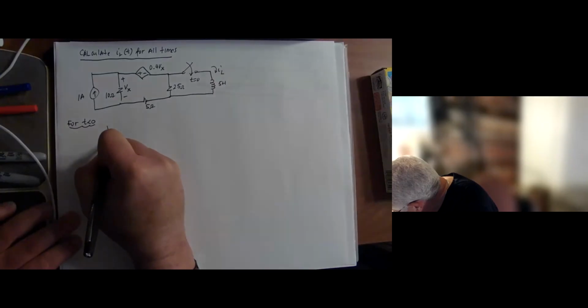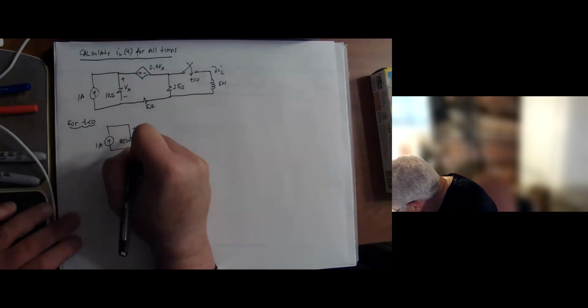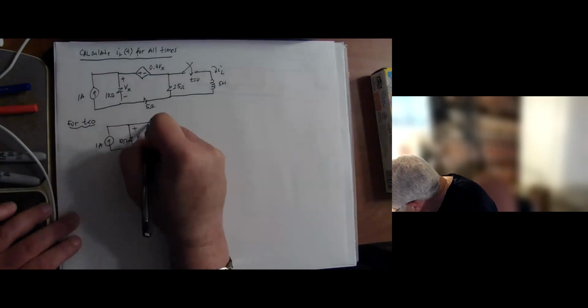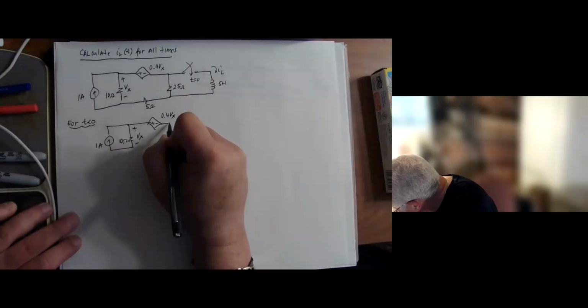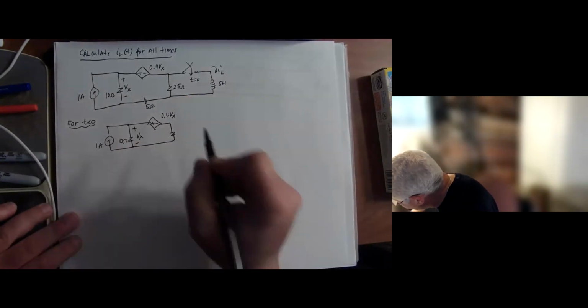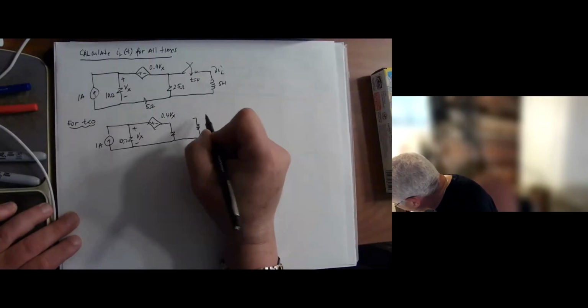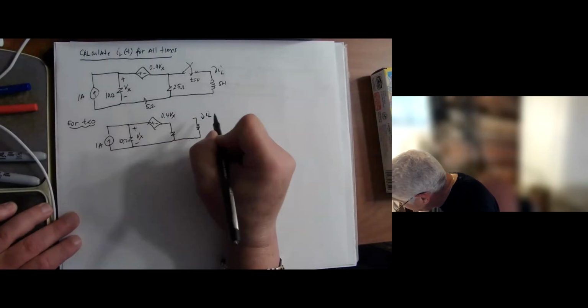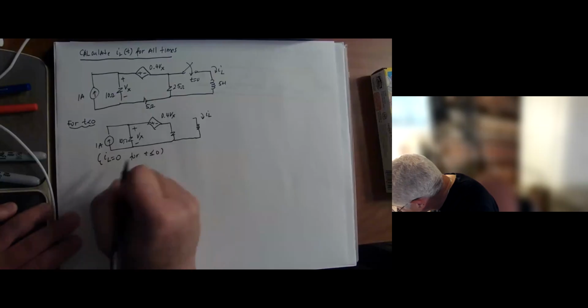We have the 1 amp, our dependent source, which is 0.4 Vx, and we have this. And of course, the inductor is just hanging out by itself here, but there is no current on it. So clearly IL is 0 for t less than or equal to 0.